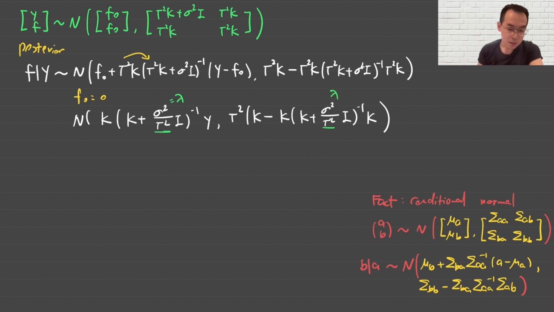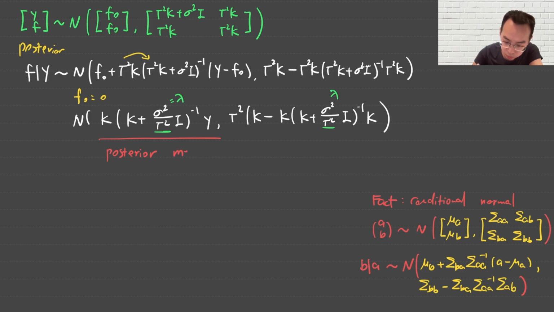Now, this is a very nice formula, right? So we get the exact formula for the kernel ridge regression as a posterior mean. The posterior mean is what we usually use as the point estimate for a Bayesian model, right?